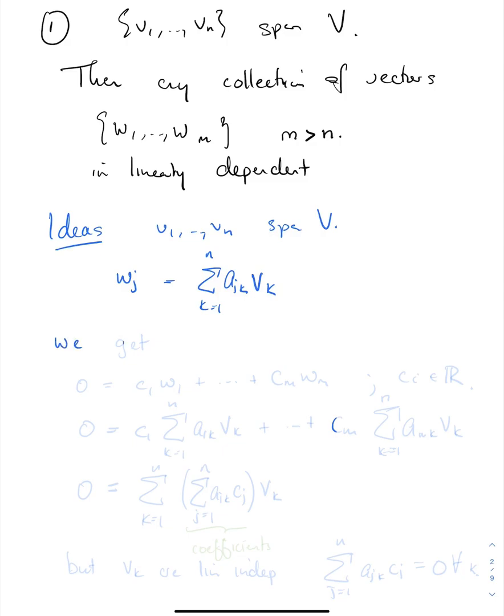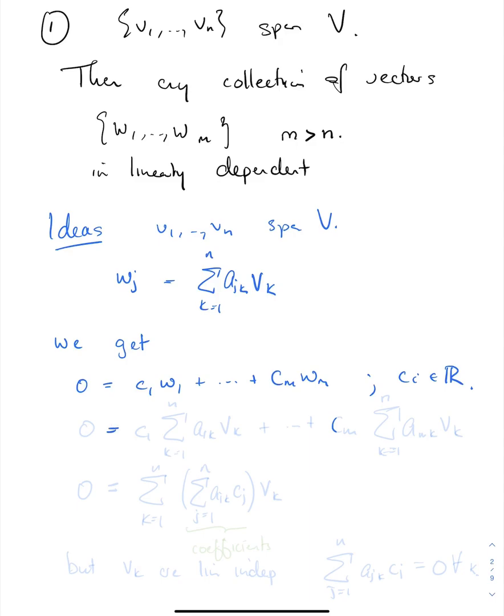So if we're trying to talk about the linear dependence of the W's, as usual, we're going to get some equation that looks like this. The Cj's, of course, are reals. Now let's actually use our sums.